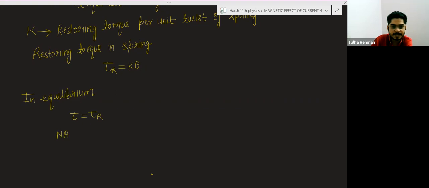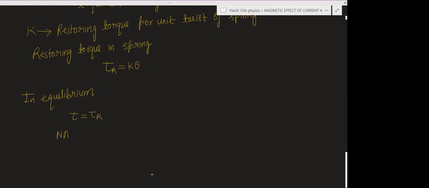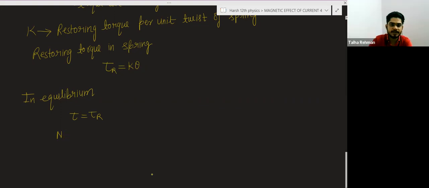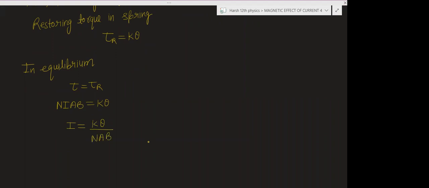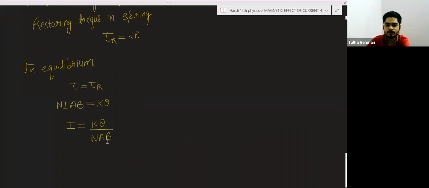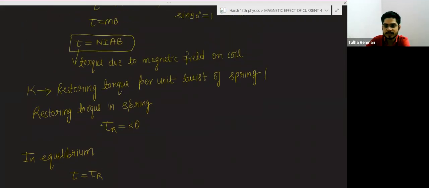T is given by NIAB, so NIAB is equal to k theta. From here you can find the value of current: I equals k theta divided by NAB. This k is also known as the torsional constant.